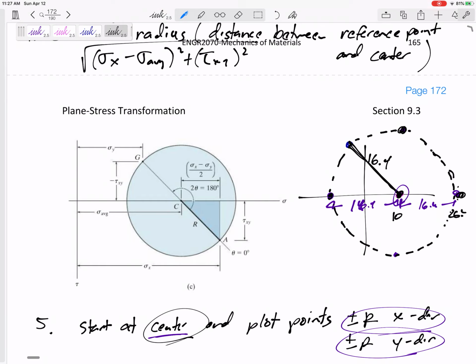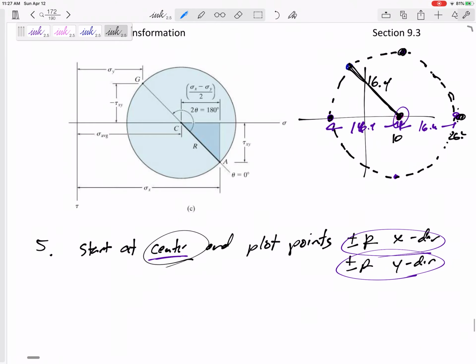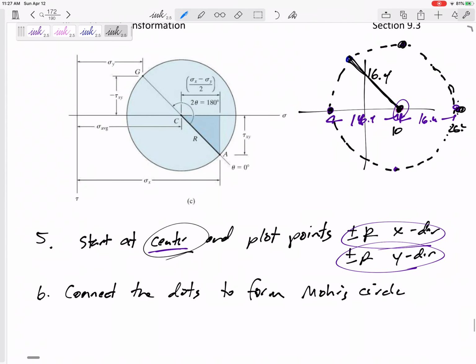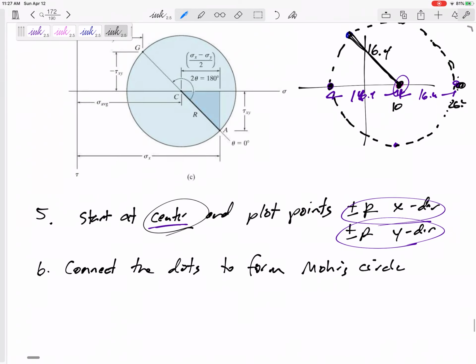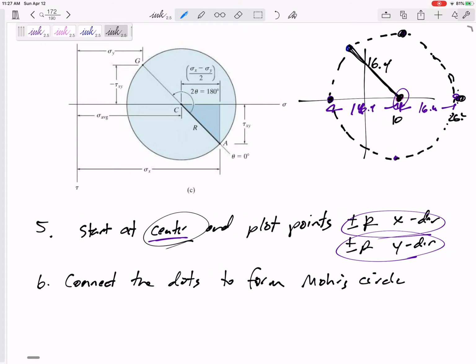So start at the center, go left and right, the radius, go up and down the radius, and then connect the dots to form Mohr's circle. Okay.